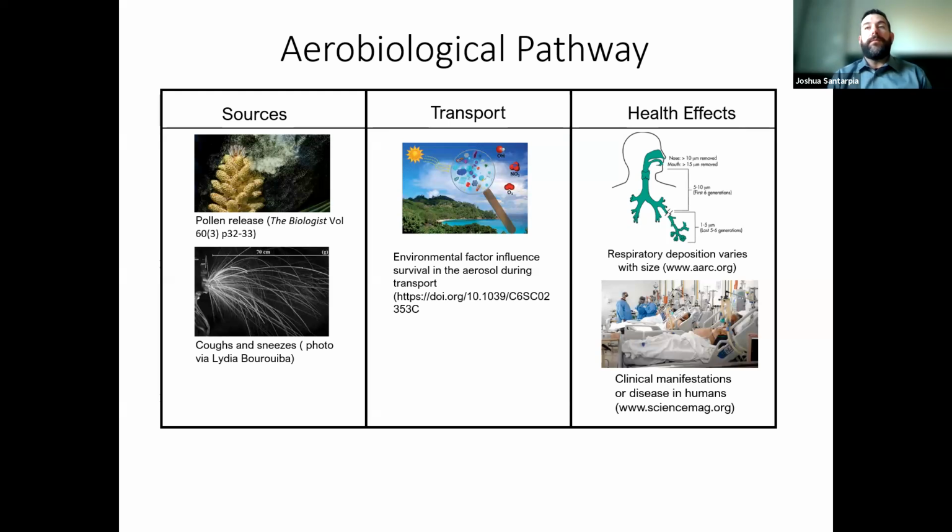And whether that's allergy or whether that's disease depends largely on what the source was. Whether or not a disease-causing microorganism survives long enough to reach the human and cause disease depends on its stability and how well it survives in the atmosphere in the matrix that it was emitted in. And all of these little factors play a huge role in how this entire process works.